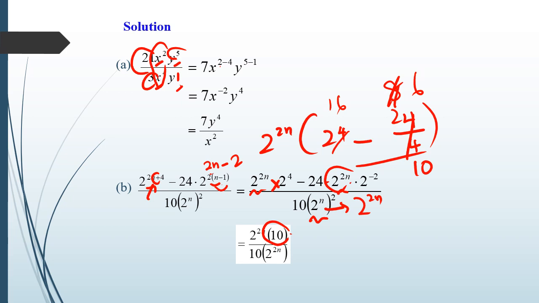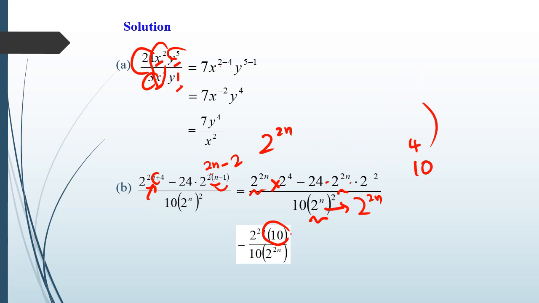Let me restart the explanation for question B. What we have here is the common factor of 2 to the power of 2n, which we get by separating using the first rule.